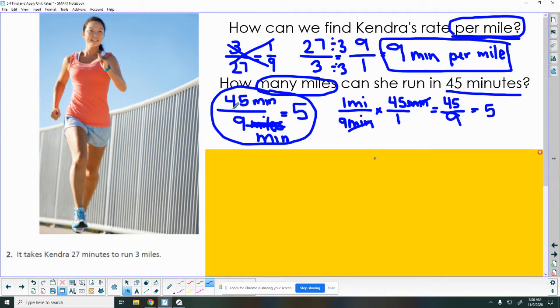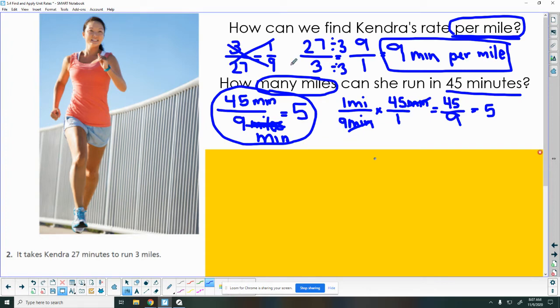But sometimes our math just doesn't work out perfect, and you might have had 47 over 9. So this can be a helpful way to think about it. I know she ran 1 mile and it took her 9 minutes. And now I'm multiplying because I'm getting bigger to see how many more minutes. So these actually cancel out here.